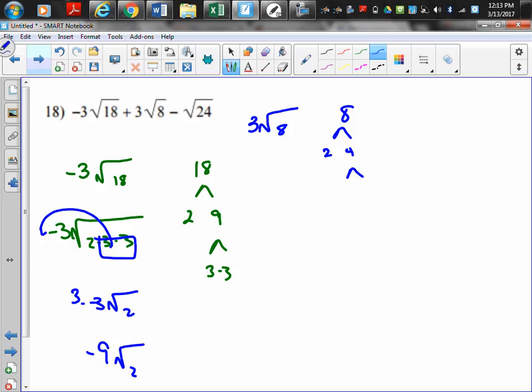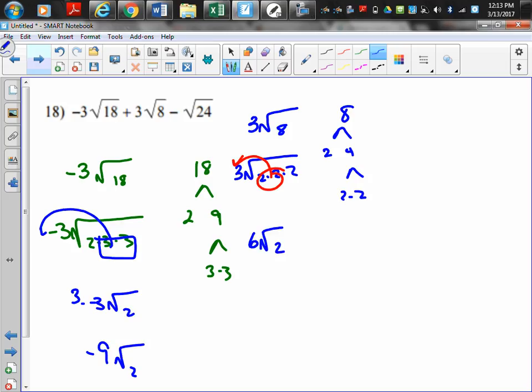So I have 3, square root of 2 times 2 times 2. What's my pair? I have a pair of 2s. 2 times 3 is 6, so I have a 6 square root of 2.